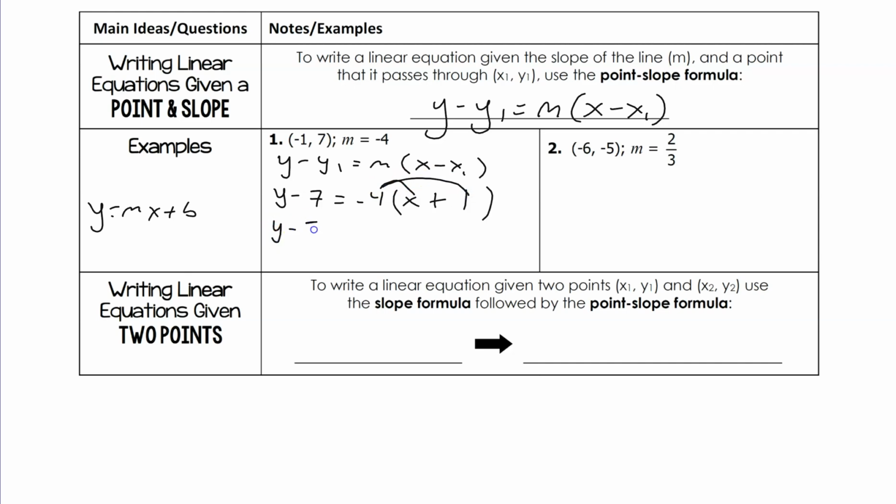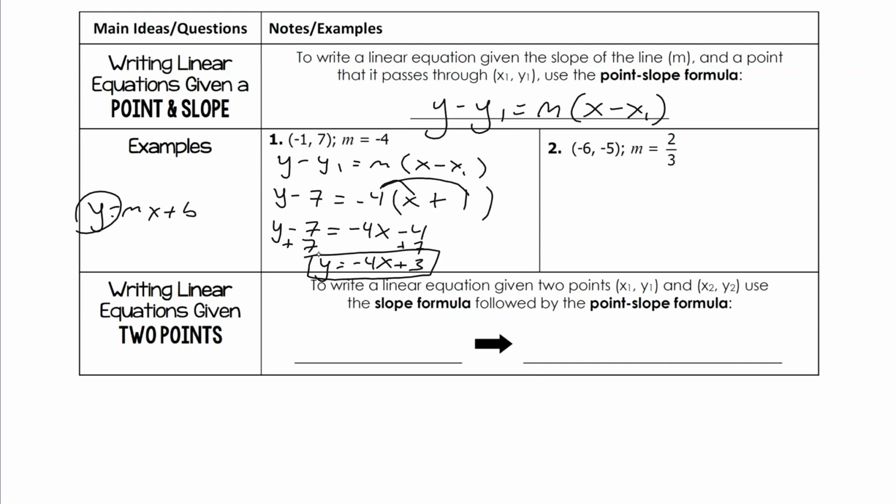So I get y minus 7 equals -4x minus 4. Now we have to get y by itself. We did that last lesson. So it gets me y equals -4x plus 3. And just like that, we are done. Remember, we're going to do the evens in class, but you can go ahead and try that if you want.